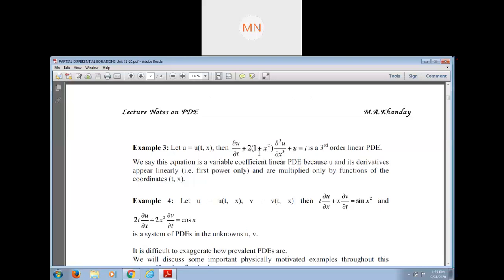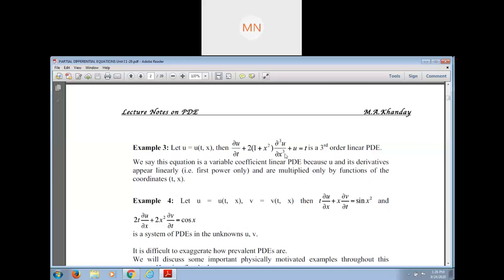The highest power of the derivative is 3, so the order is 3, and the degree is 1.